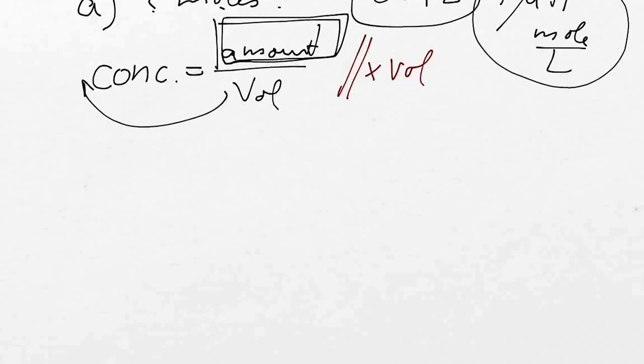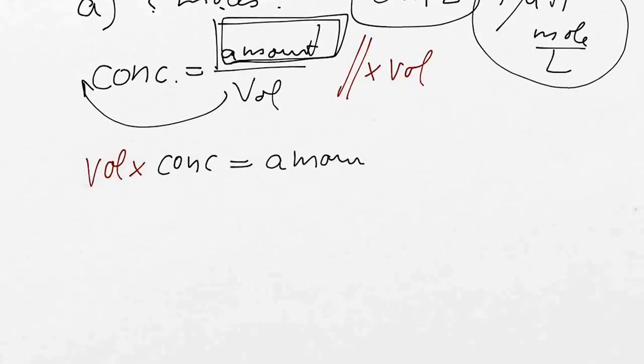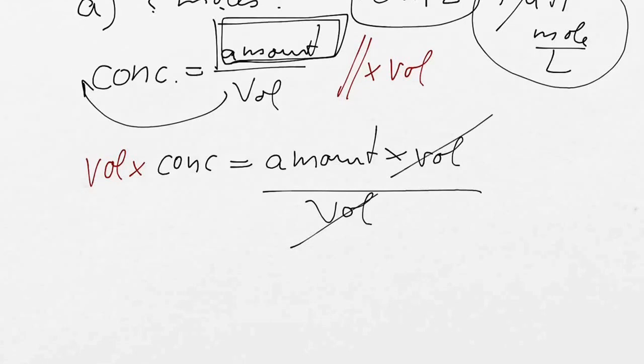What we then get is volume times concentration equals amount times volume divided by volume. And you see the volume cancels out, and we have on the right-hand side just amount.